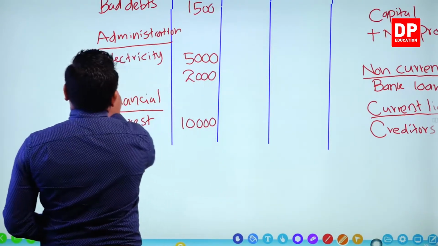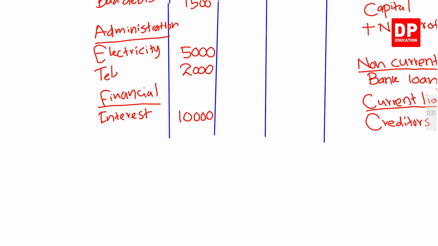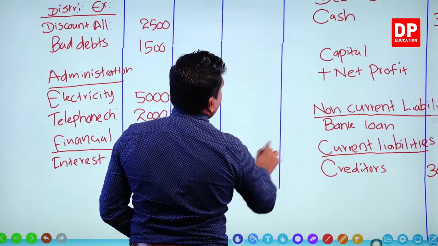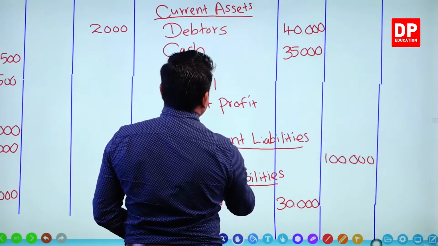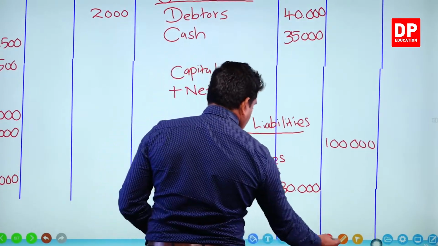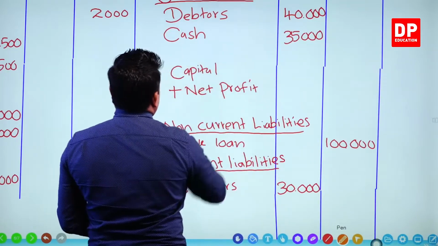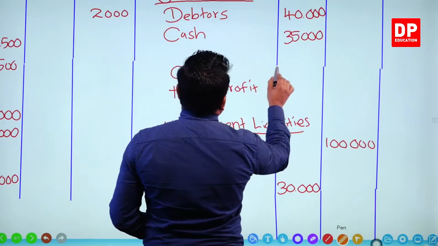It is telephone charges. Do you remember the capital? It's 124,000, right? Remember, this is 2019 O-level paper question. 124,000.